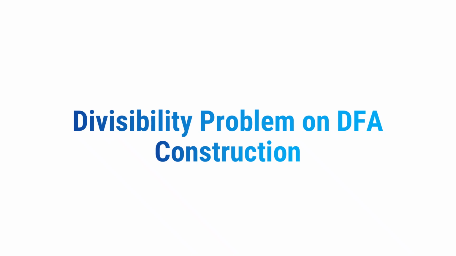You might have solved some very direct questions, but in this case there are two conditions. We need to track both A's and B's at the same time, and satisfy the condition of divisibility. In today's video, I'm going to show you step by step how to solve one of the most important DFA problems.